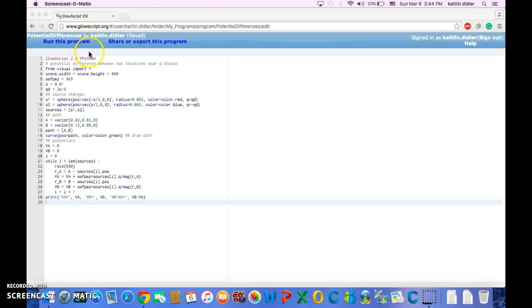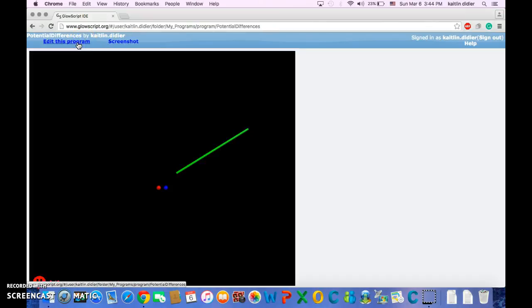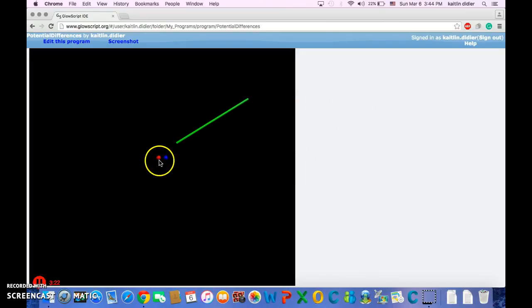So if we run this, we should be able to see that. Okay, so there's the red dipole, the blue dipole, and we know that one is obviously positive and one is obviously negative. That's what makes a dipole.